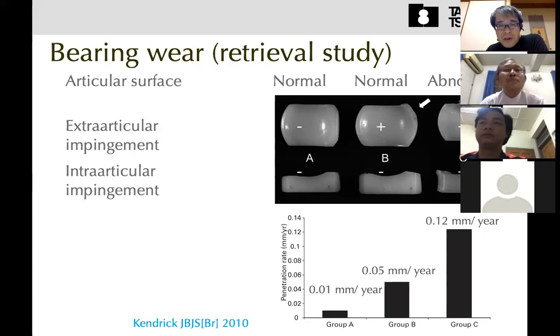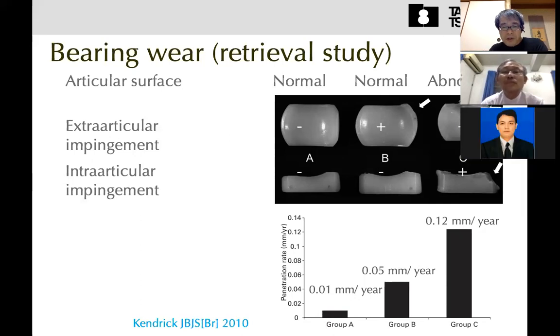But in contrast, bearing wear is very rare and the wear rate is very small. But if there is some impingement between bone or osteophyte or other things, sometimes bearing wear is very obvious.